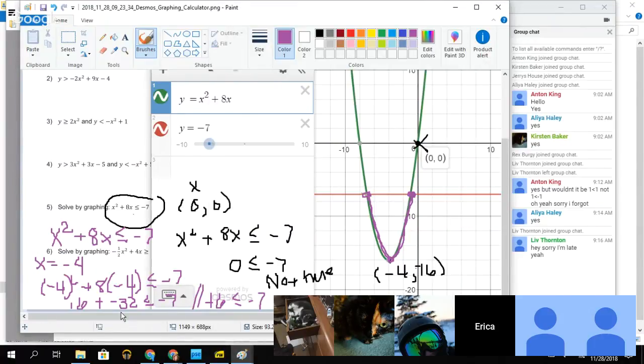So if I wanted to know what all my values of x are, I know this is a crazy mess on my screen, x has to be greater than negative 7 and less than negative 1. Those are the values that are here and here. It also can be equal to each of those values. That makes each of those true. So this is when x equals negative 7, and this is when x equals negative 1. So these are all the values of x that are true in between those two.